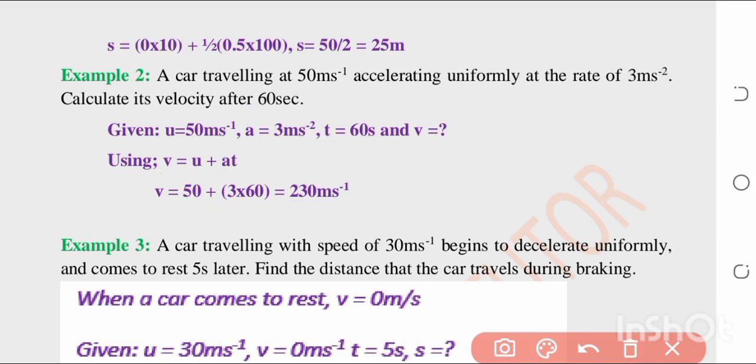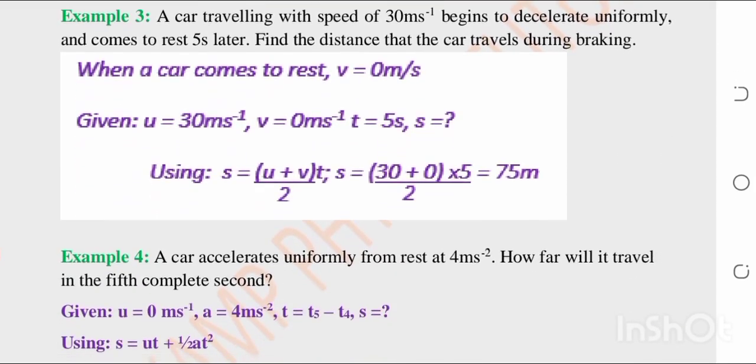Okay, now let's consider our third example. In our third example, we have a car traveling with the speed of 30 meters per second, and this car begins to decelerate uniformly and comes to rest in 5 seconds. Now we have to find the distance that the car travels during the braking.